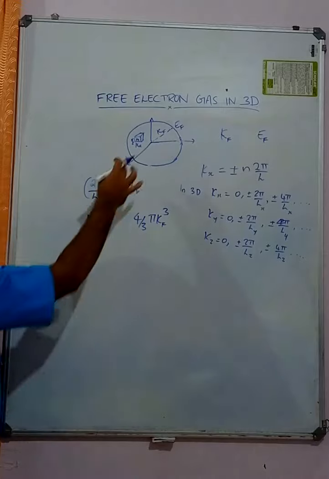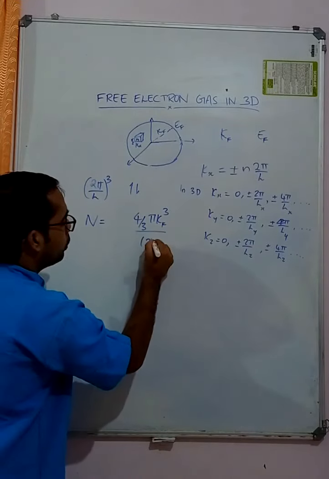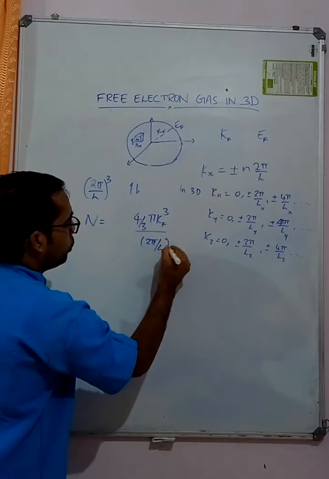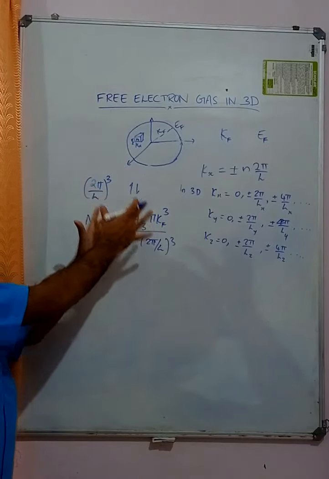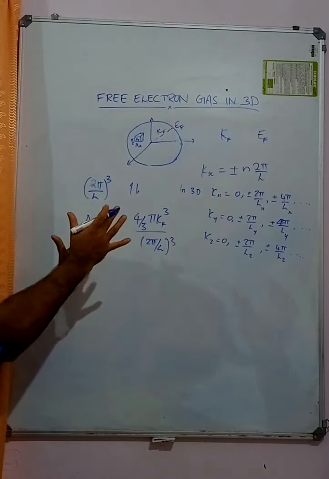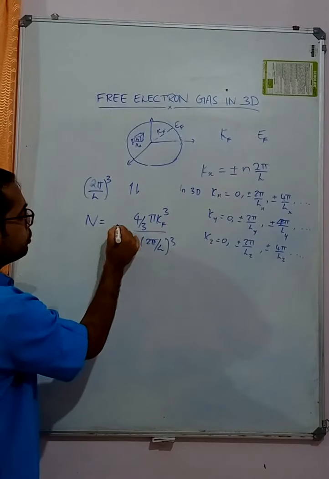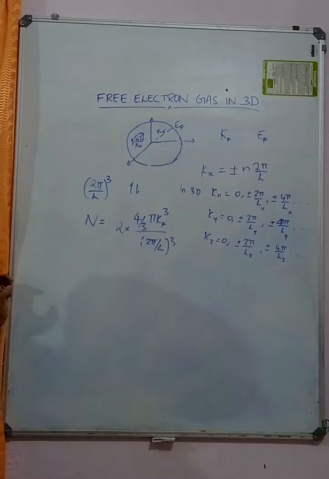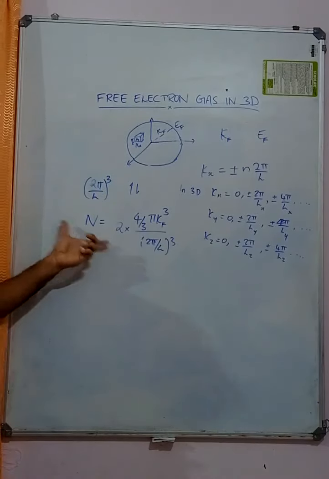The volume of one of these rectangular boxes is 2 pi by L all cube, the volume occupied by one particular k value. So we divide the whole sphere volume by that. Then inside one k value there exist 2 electrons, so this has to be multiplied by 2. This is the total number of electrons in k space.